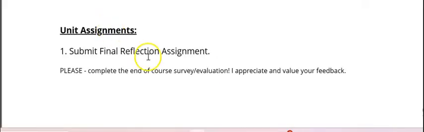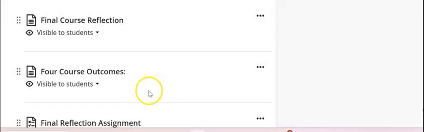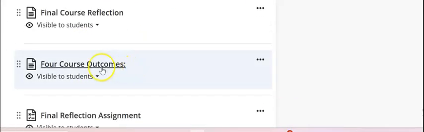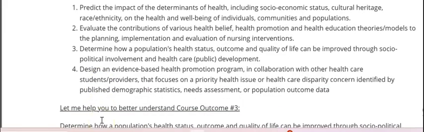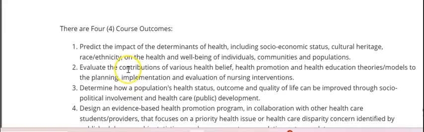So what is your final course reflection? The assignment is to submit it. Okay, so that's pretty easy. And then you know that for this course, we've had 4 course outcomes. So you can read at the end of this course, the student will be able to, and you will be able to do these 4 things. So how do we know that you can do these 4 things?